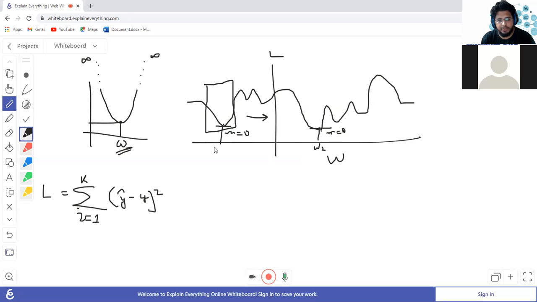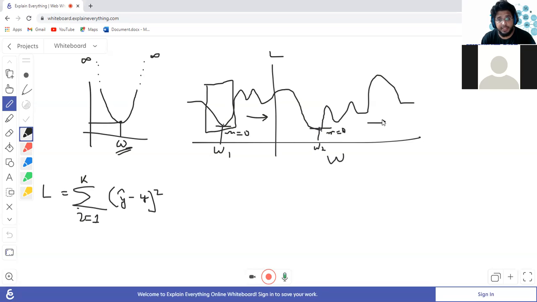First we thought W1 is the best weight, and we could have stopped there and said that we have converged and let's stop our training, the model has learned. But suppose we just continued. Then we will eventually reach weight 2, which is lower than weight 1. So this is the global minima.